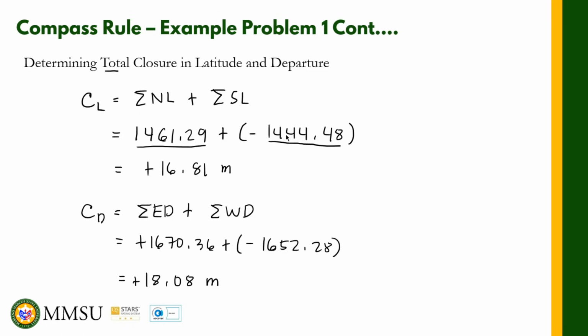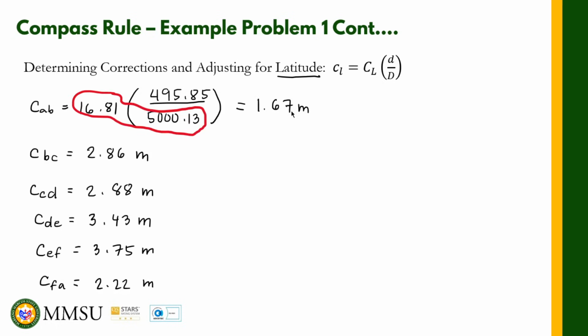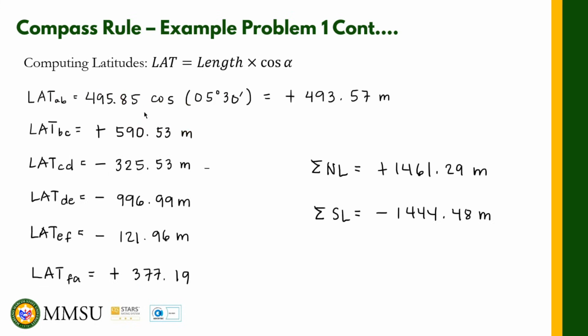Okay? Na-gets yun? Kung for example, dito, 493.57 yung latitude kanina ng AB. Since this is positive, kailangan nating minusan ng 1.67 na correction. Itong correction na 1.67, i-minus natin from the latitude na 493.57 meters.